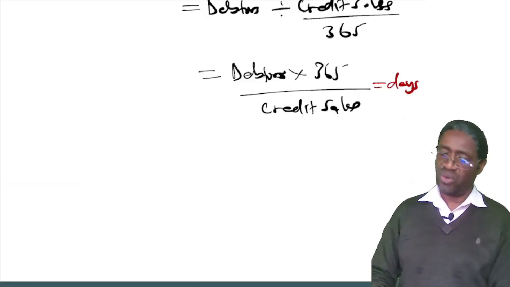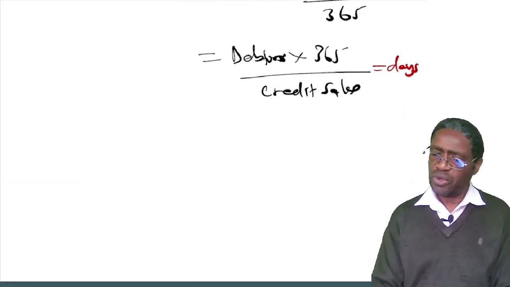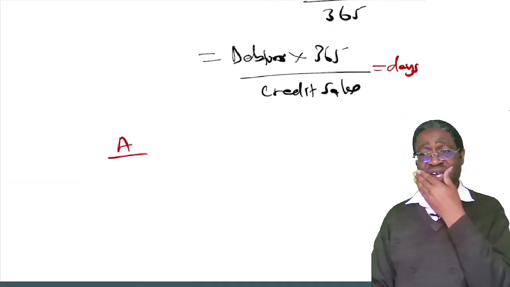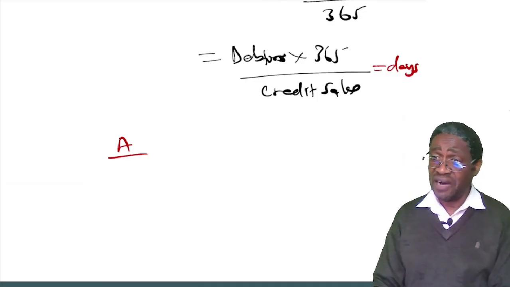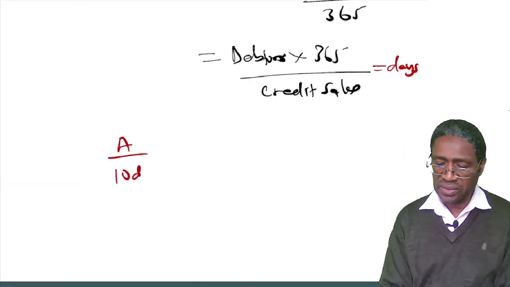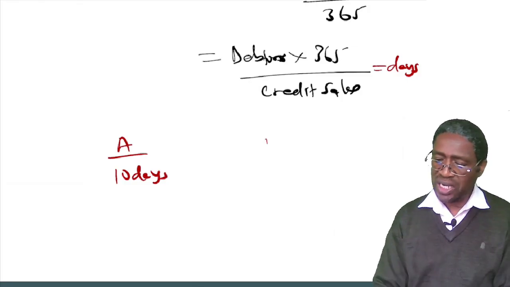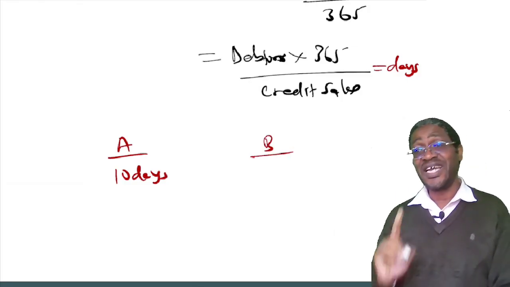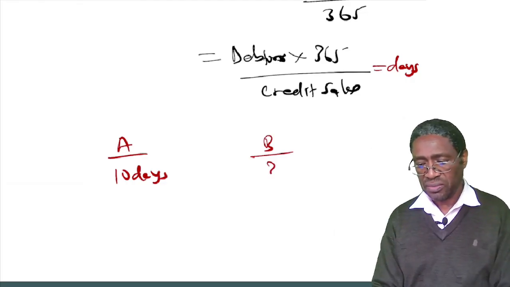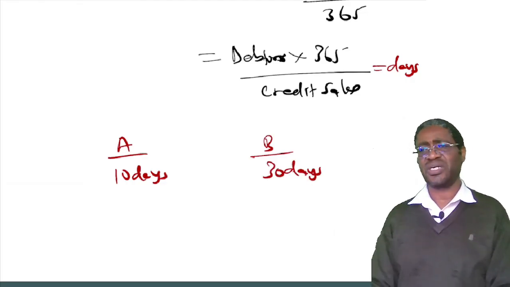Let me ask you a question. Suppose you calculate this ratio for company A and you find that they have a debtors collection period of 10 days, while company B has a debtors collection period of 30 days. Which company is better?